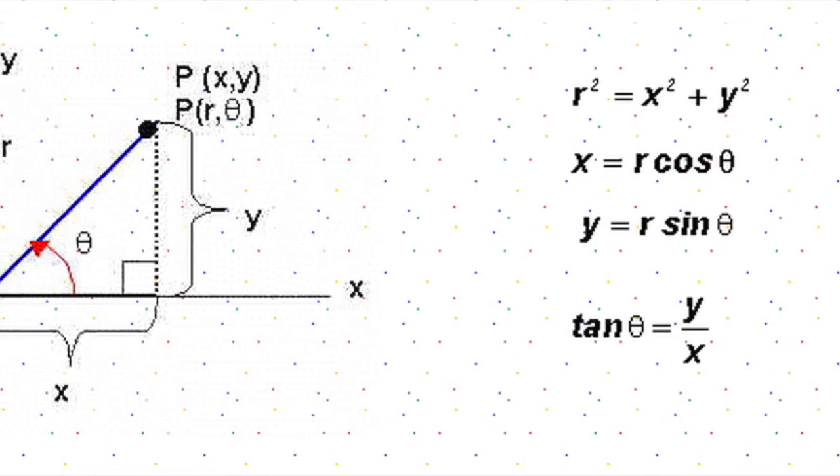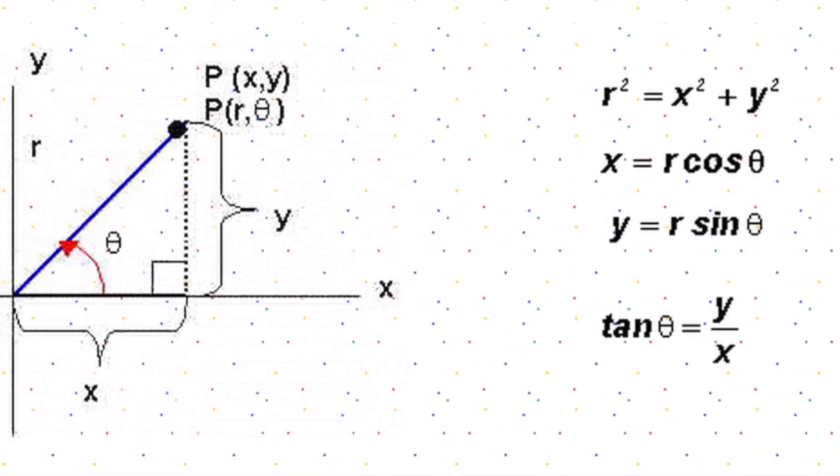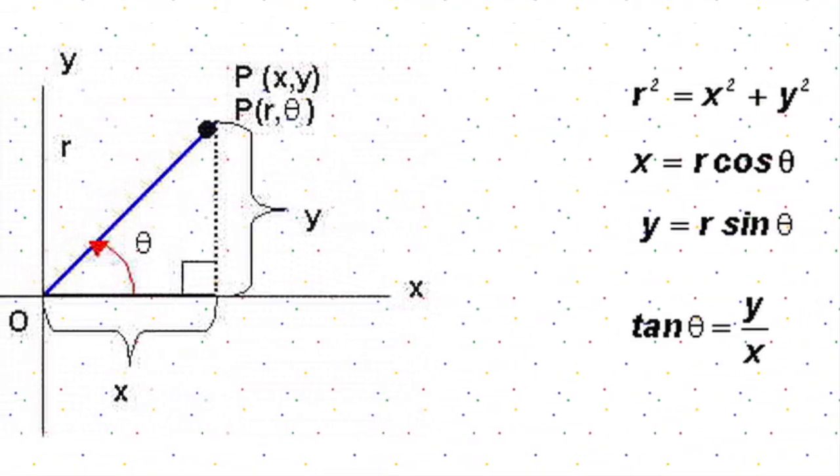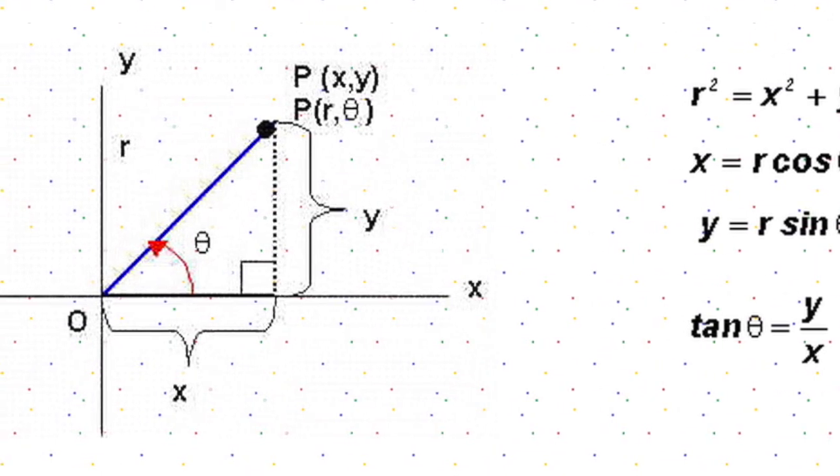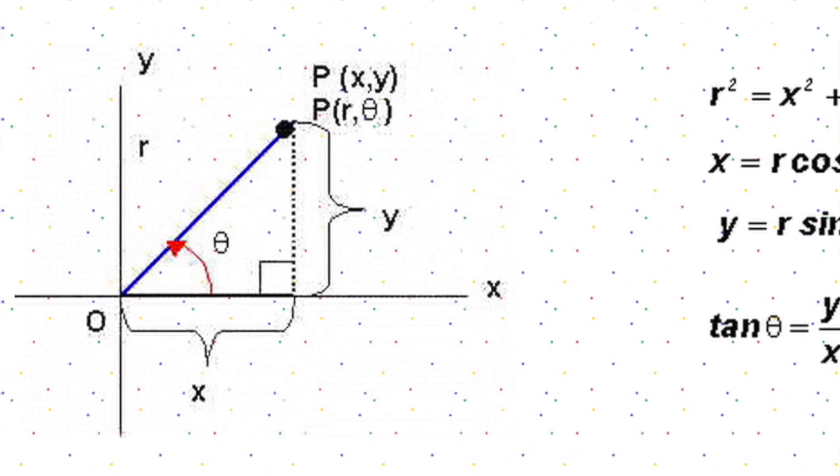So to find x or to find y, you can equal them respectively. x is equal to r times cosine theta, and y is equal to r times sine theta.